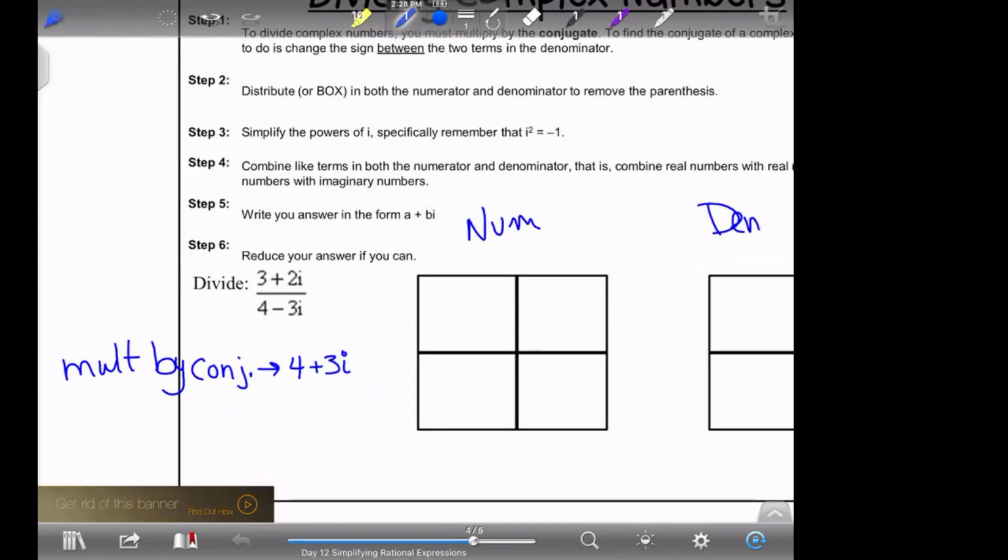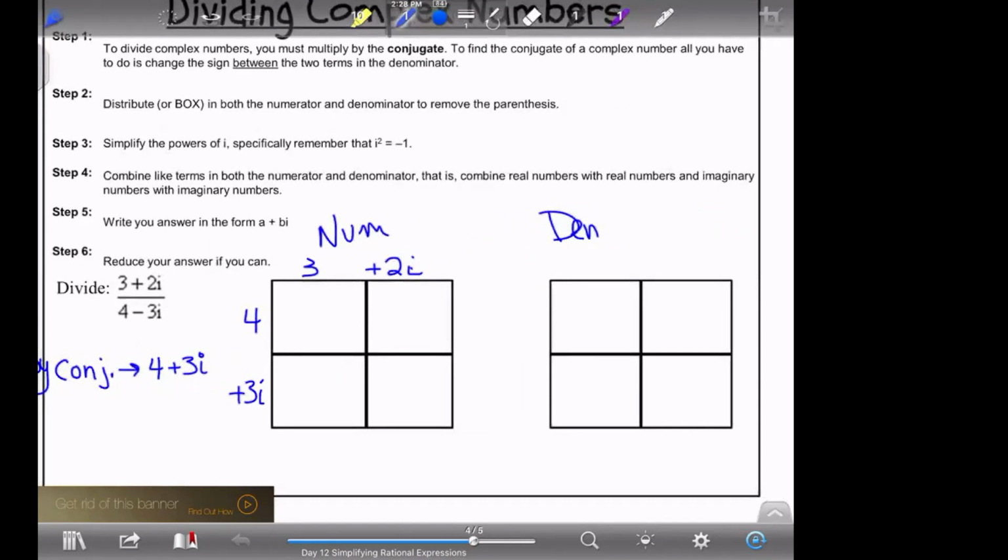So in the numerator, I already have 3 plus 2i. I'm going to multiply it by the conjugate 4 plus 3i. And then I'm going to do the same exact thing for the denominator. Right now, the denominator is 4 minus 3i. I'm also multiplying it by the conjugate 4 plus 3i. So we're just creating 2 multiplication problems for this.